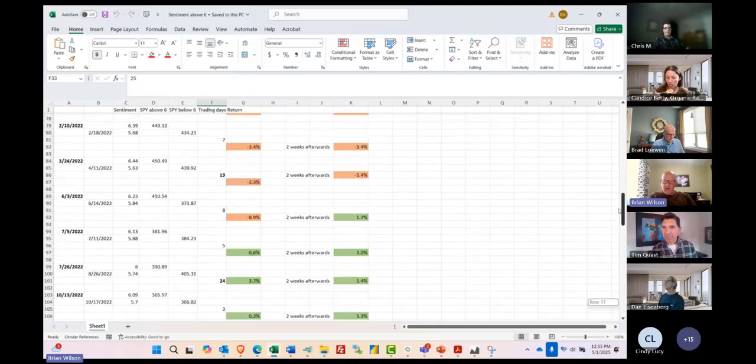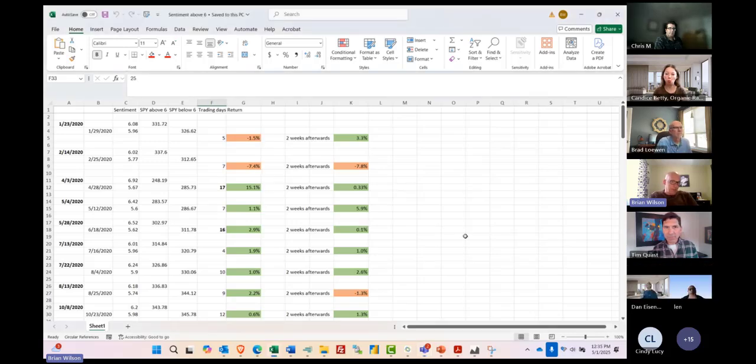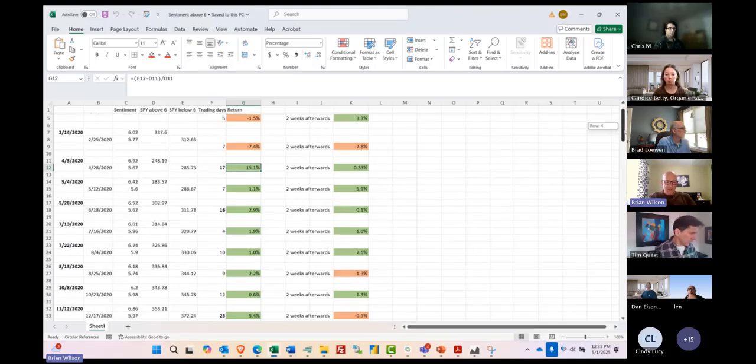So what you see here on this spreadsheet is when we go through the red line, and then the number of days that we're above the red line, what the performance is during that time period. And the performance can vary. This was as we were coming out of the pandemic. You can see that was lights out performance. Most of the time it's very predictable, 1%, 2%, 60 basis points.